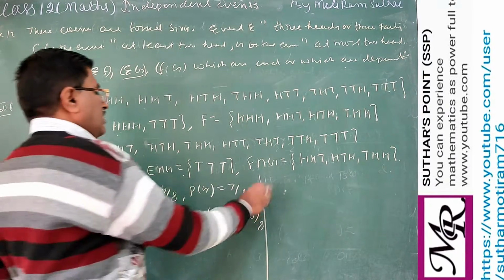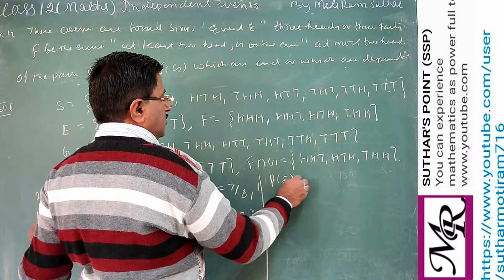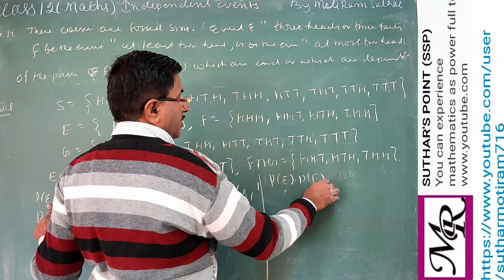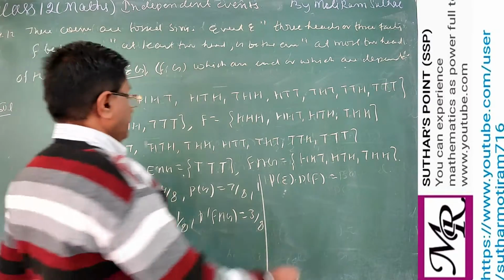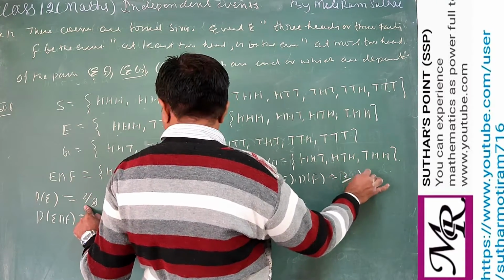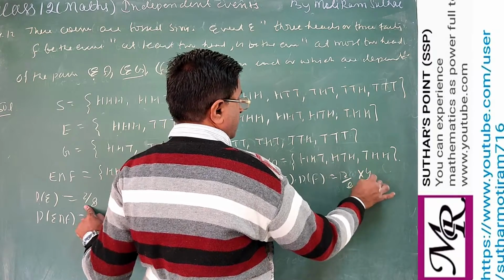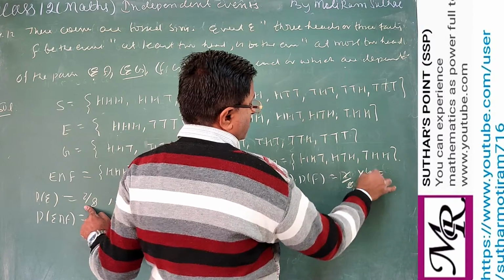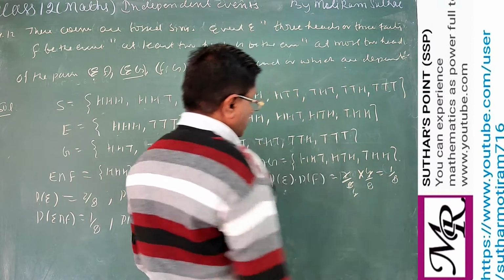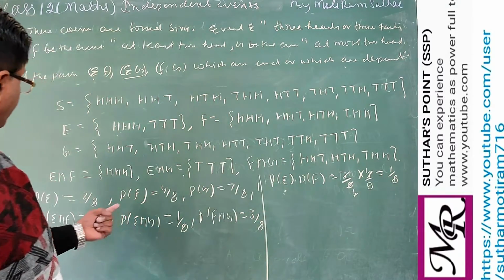You have to multiply P(E) into P(F). P(E) is 2 by 8, multiplied with 4 by 8, so that gives you 1 by 4 times 1 by 2, that is 1 by 8. Is this equal to P(E intersection F)?